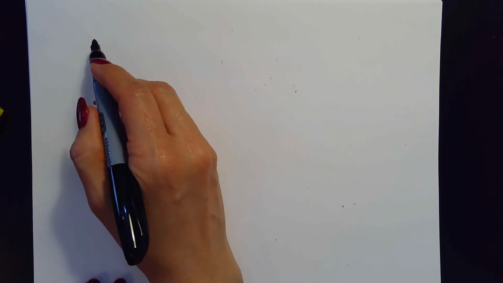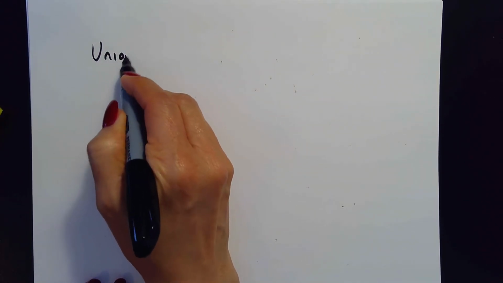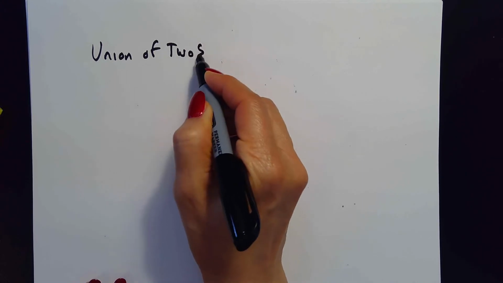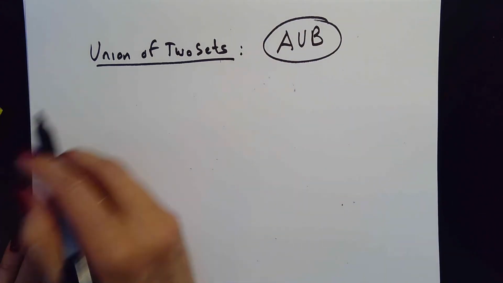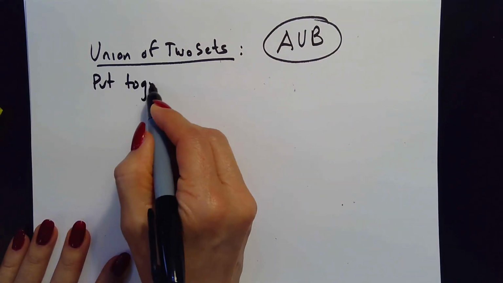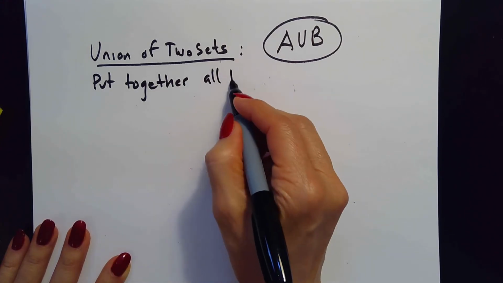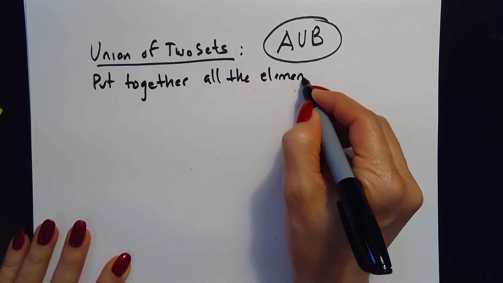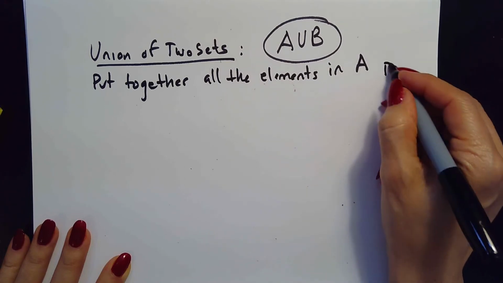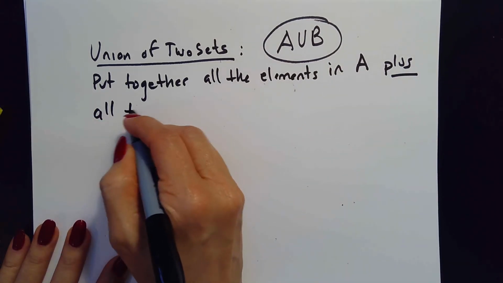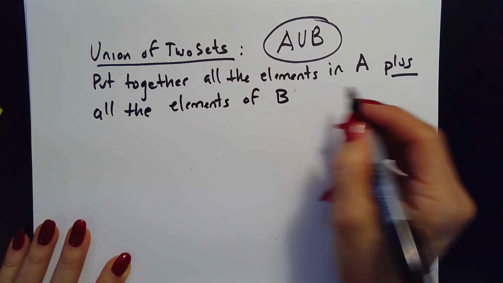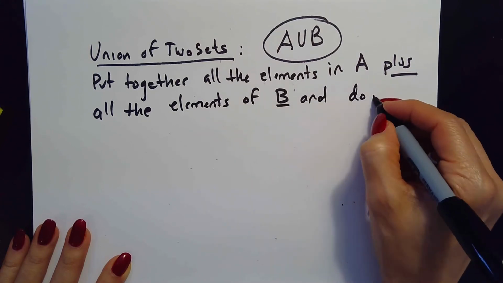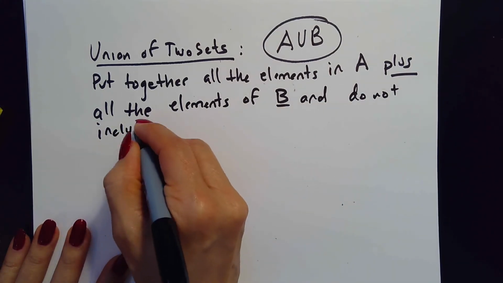So the union of two sets has the notation A union B. Put together all the elements in A plus all the elements of B, and do not include repetition.